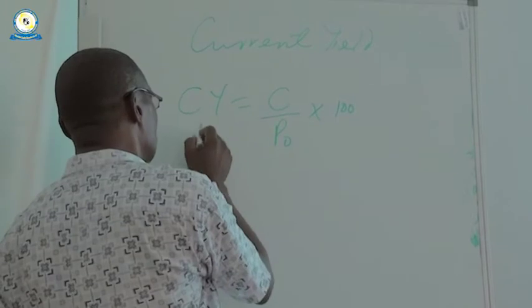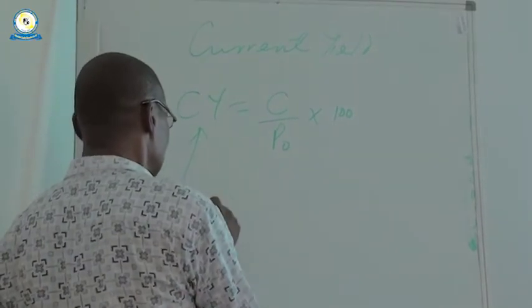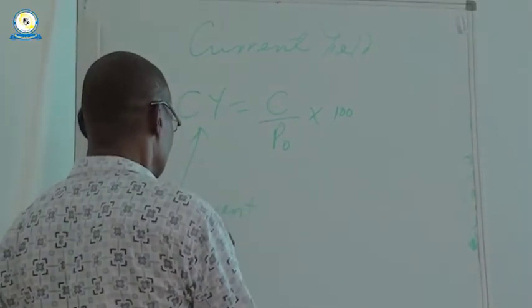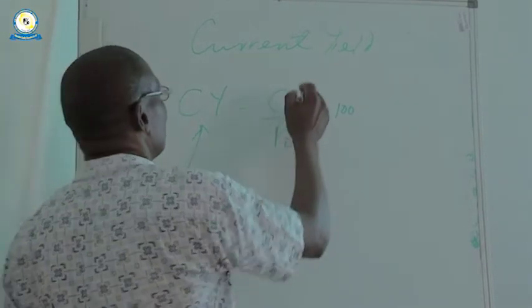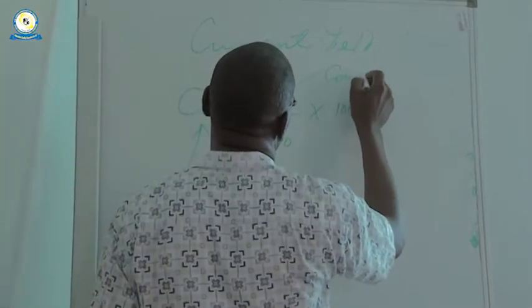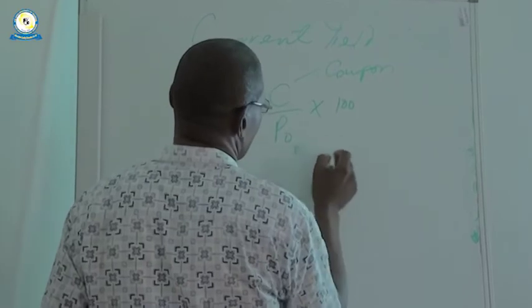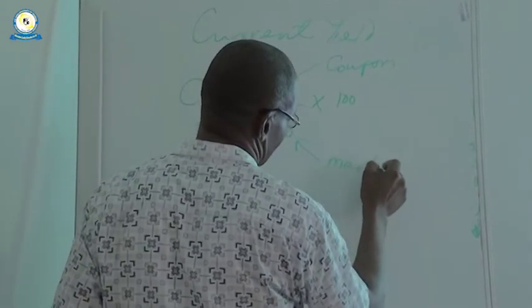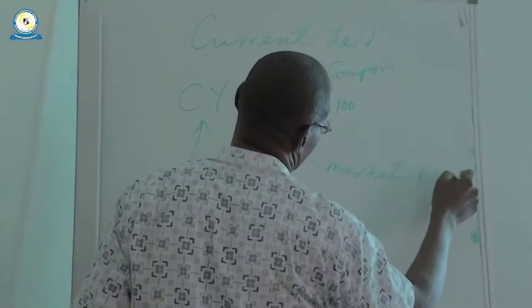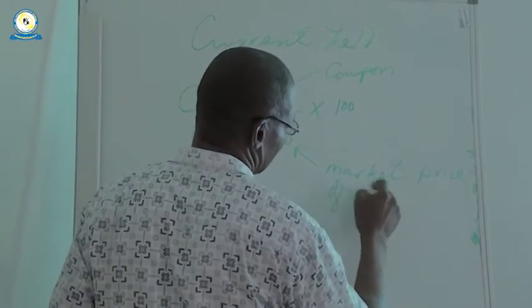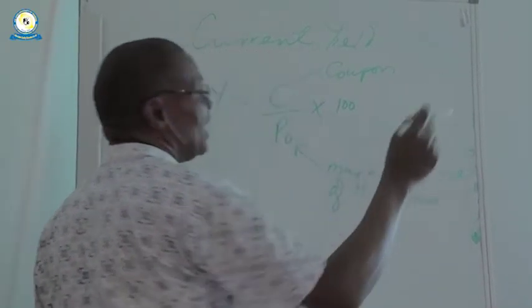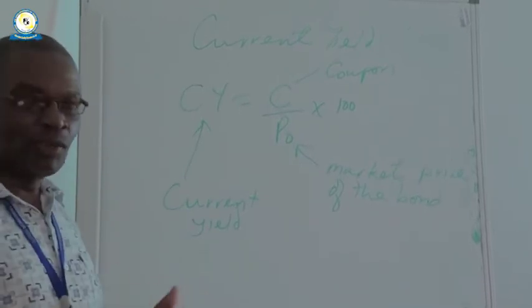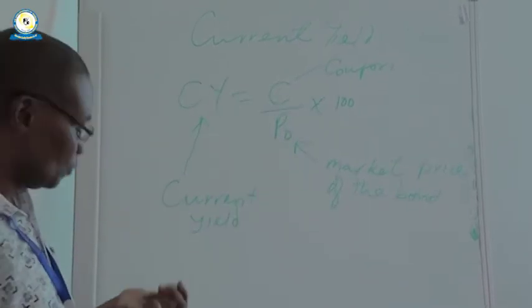Where this is the coupon and this is the market price. That is how we usually calculate current yield.